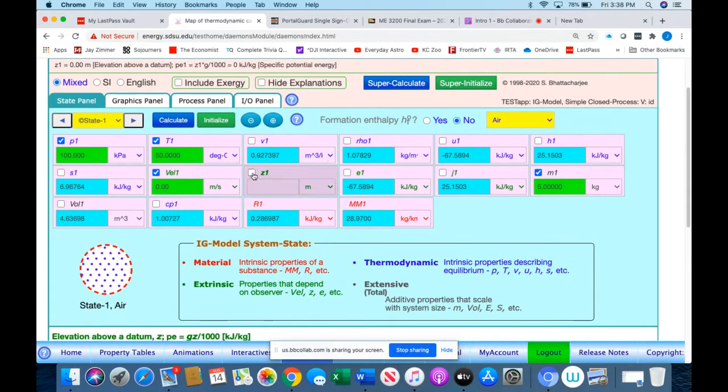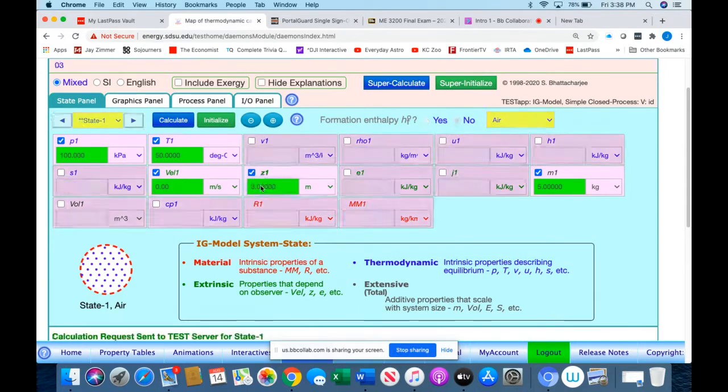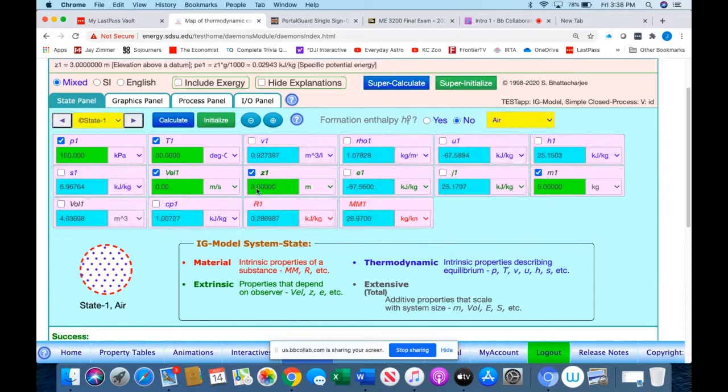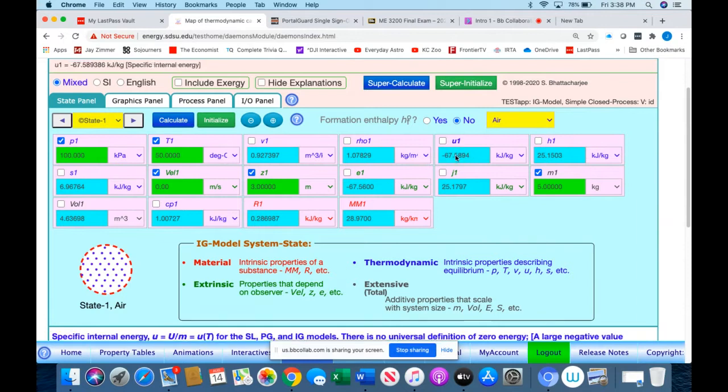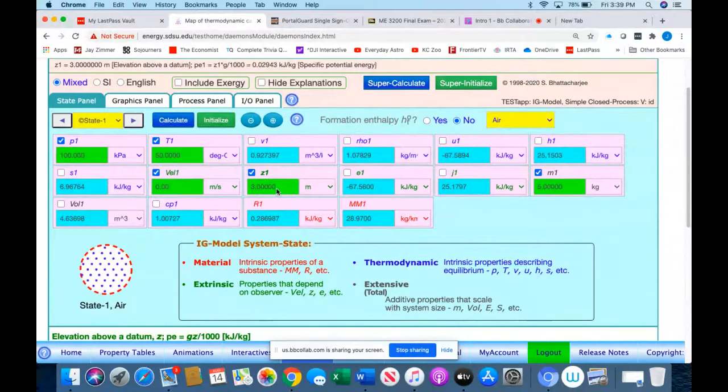Had I given this a little bit of potential energy by giving it an elevation, one would see that there is a slight effect of this mass being raised a certain height. The gravitational constant's in there, as well as the conversion from joules to kilojoules.